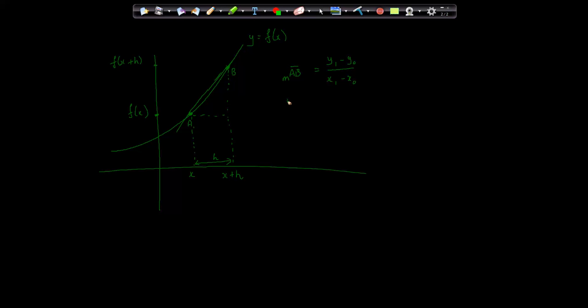So this slope, another way of representing it then would be, well, y1 is this f(x plus h), and y0 is this f(x), over x1 is x plus h, and x0 was x, so take away that, and of course that simplifies a little bit.